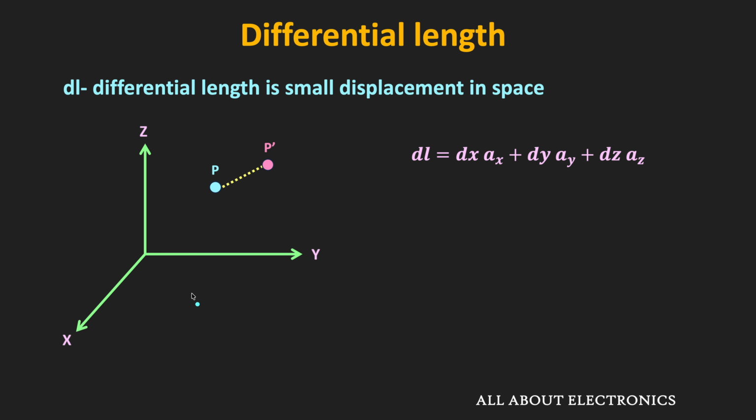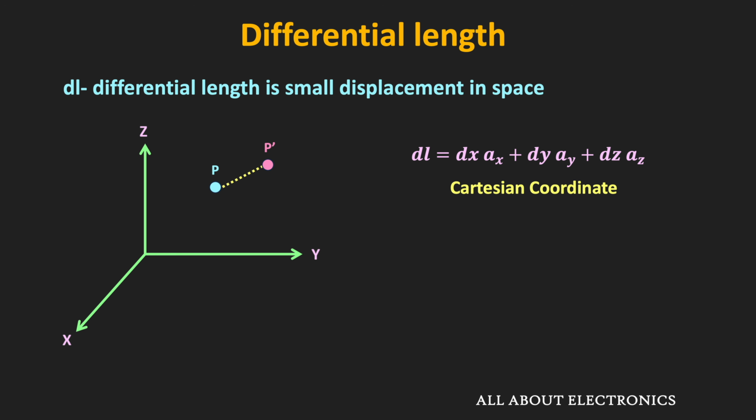Because while moving from P to P dash, there is a displacement in all three directions. Here, dx represents the small displacement in the x direction. Likewise, dy and dz represent the small displacement in the y and z directions. So that is the expression of the differential length in the Cartesian coordinate system.